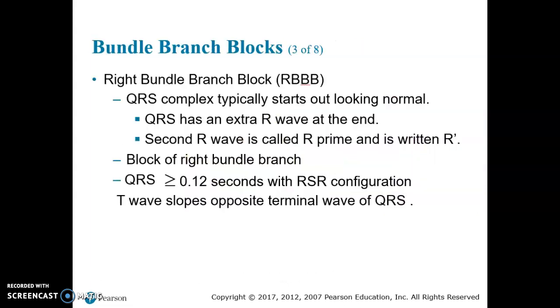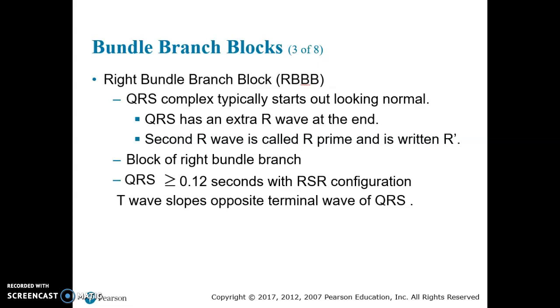With a right bundle branch block, we're going to break these down into right and left. With the right bundle branch block, which is known as RBBB, the QRS complex typically starts out looking normal, but then you may see an extra R wave that signifies that the current is trudging and traveling slowly, okay? You're going to see a QRS that's greater than or equal to 0.12 seconds.